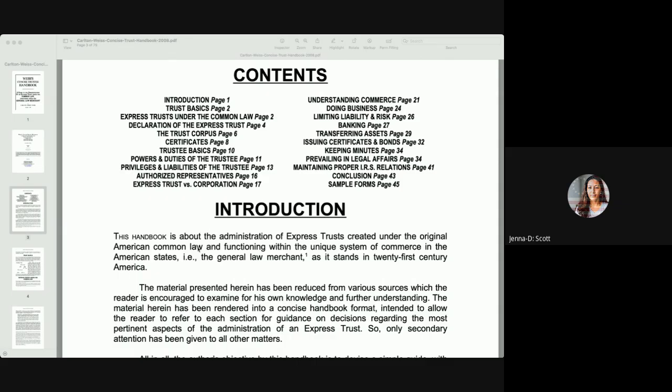Introduction. This handbook is about the administration of express trusts created under the original American common law and functioning within the unique system of commerce in the American states, i.e., the general law merchant, as it stands in 21st century America.